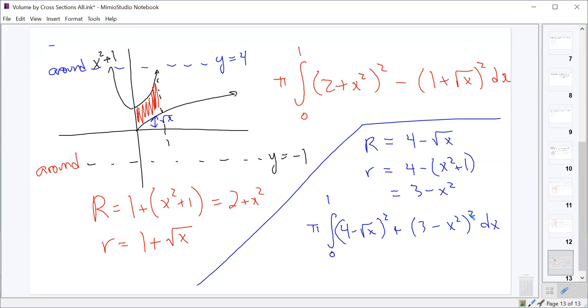Conceptually, everybody okay with all of that? Yeah. All right, cool. I will expect that you can set up and evaluate integrals that have easy integrands between two regions going around any horizontal line now.